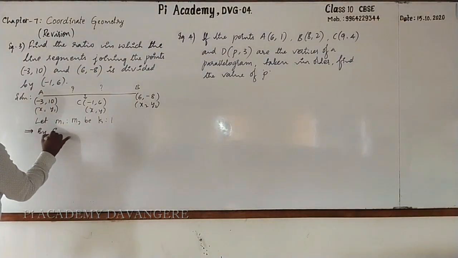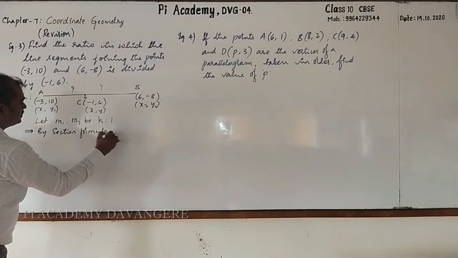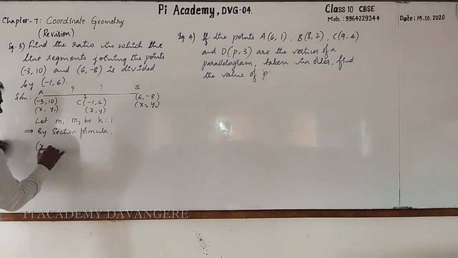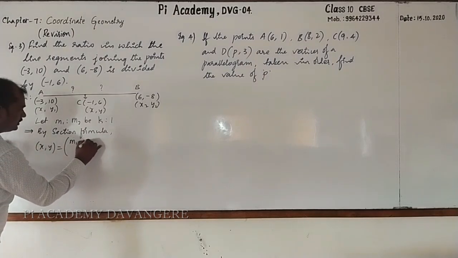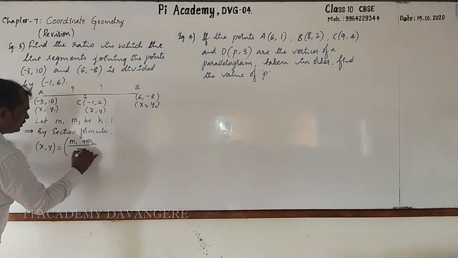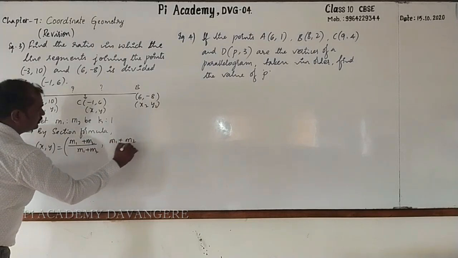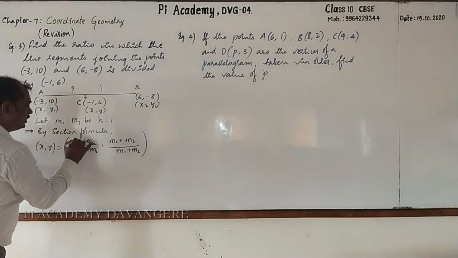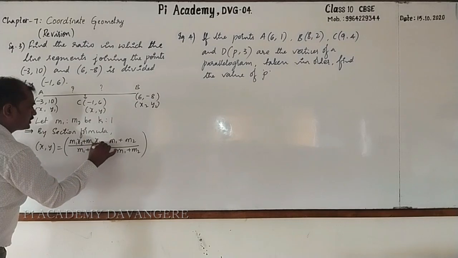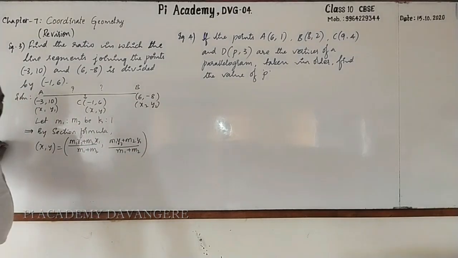Here, by section formula, what is that? It is x comma y is equal to m1 x2 plus m2 x1 by m1 plus m2, m1 y2 plus m2 y1 by m1 plus m2. Here this is x2, x1. Here is y2, y1.